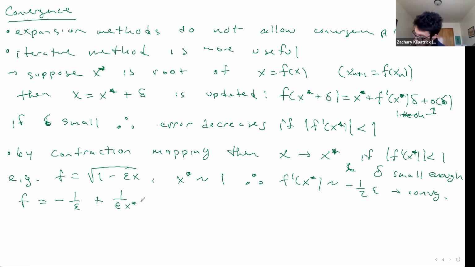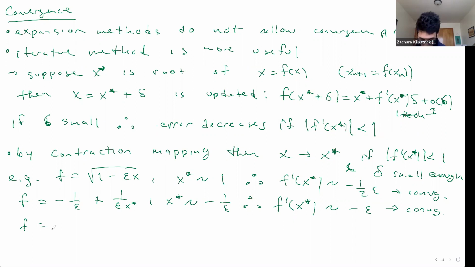Then if x star was approximately equal to minus 1 over epsilon, then f prime of x star would scale like minus epsilon. Again, that's small. It has magnitude less than 1. And we should expect convergence, right?